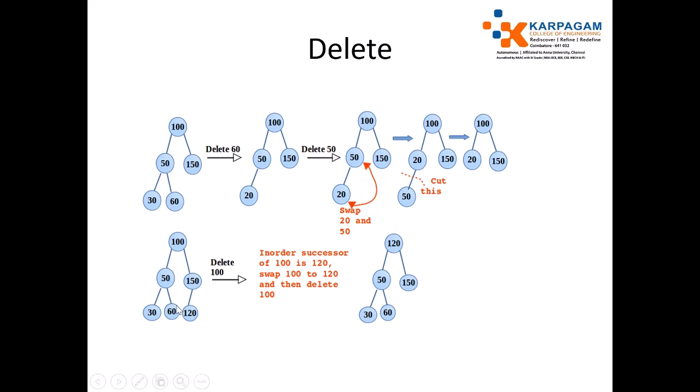That is why it is called the in order predecessor. So just replace with the in order predecessor. Otherwise, you can take the in order successor. After performing in order traversal, you can see after 100 we have 120 only. That element should be replaced in the root node. So in this way we can delete the element.